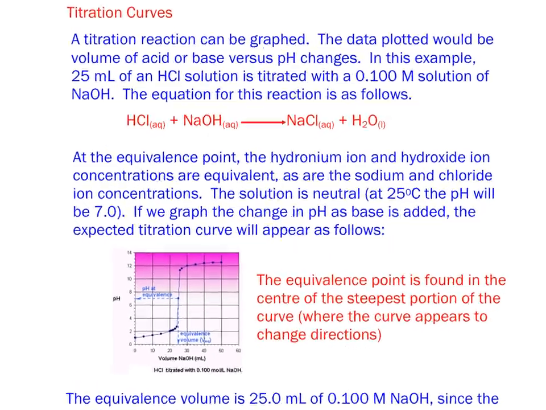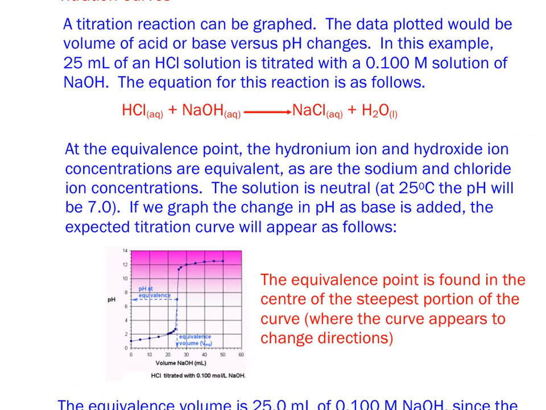At the equivalence point, the hydronium ion and hydroxide ion concentrations are equivalent, as are the sodium and chloride ion concentrations. The solution is neutral. That means that the pH is 7. If we graph the change in pH as the base is added, the expected titration curve will look like this.